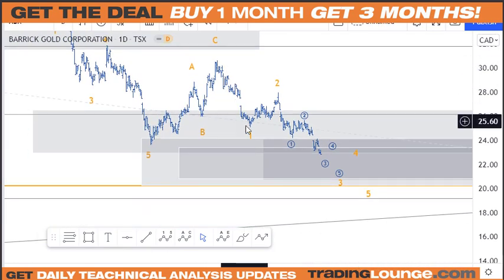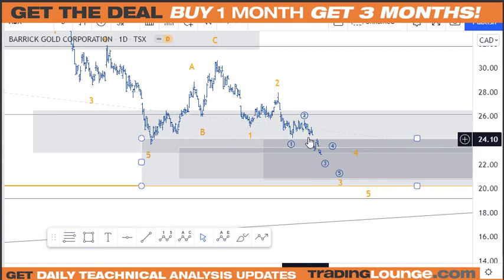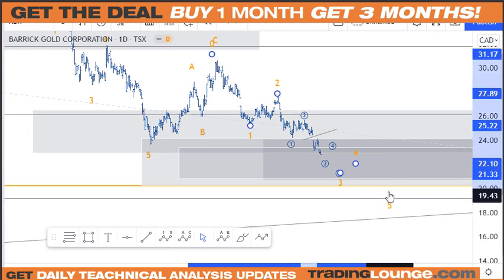So if that's wave 1, and that's wave 2, and this is wave 3 here, we could say that gap there would be waves 1 and 2, and then down for 3, 4 and 5. So that's the gap. What that means is that's the halfway mark from the top here down to wave 5, wherever that may be.